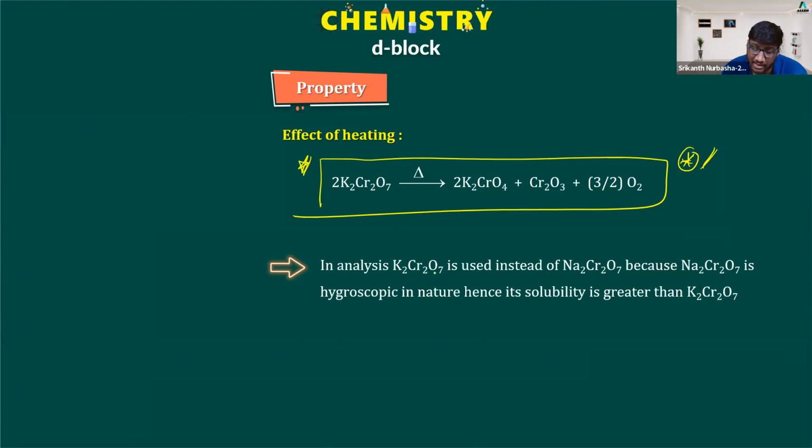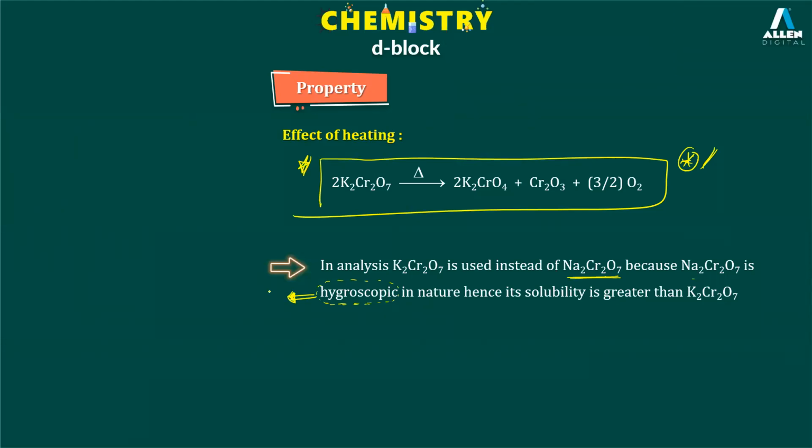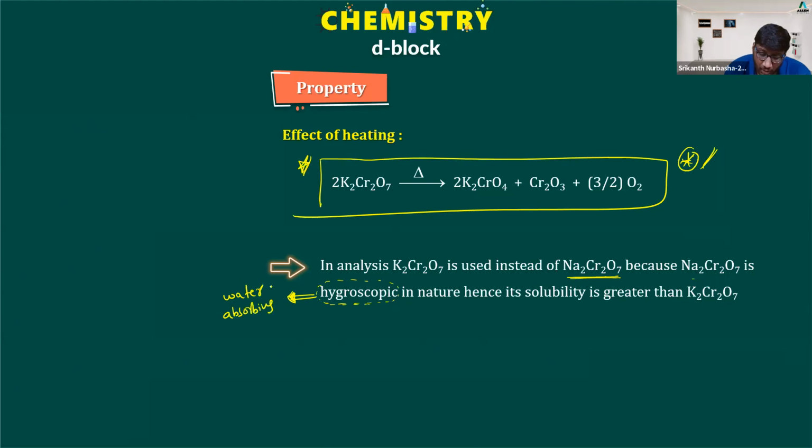And in analysis, K2Cr2O7 is used instead of Na2Cr2O7 because Na2Cr2O7 is hygroscopic. Why is it hygroscopic? Hygroscopic means what? Water absorbing, very good. Why is it absorbing water?